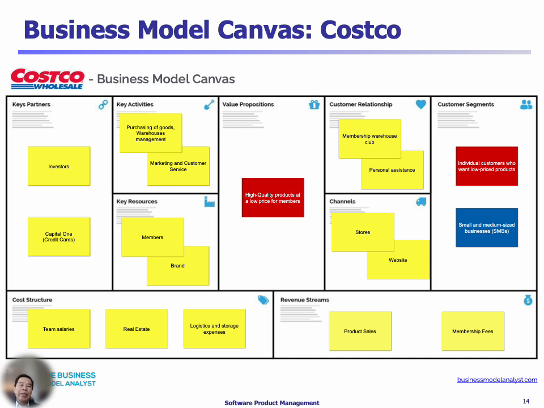How does it create that low price? Well, it has volume. It bulk purchases lots of stuff, just like Walmart and Target. It knows how to negotiate with the distributors and the product manufacturers, and it gets low price, volume price, bulk price. And then it sells at a very, very low price to its members.